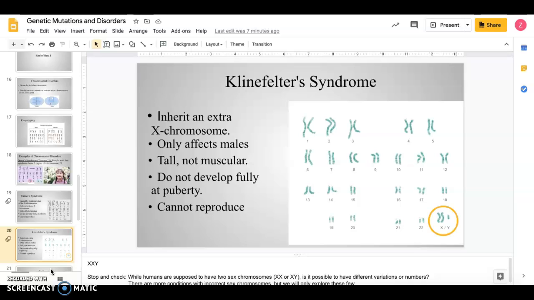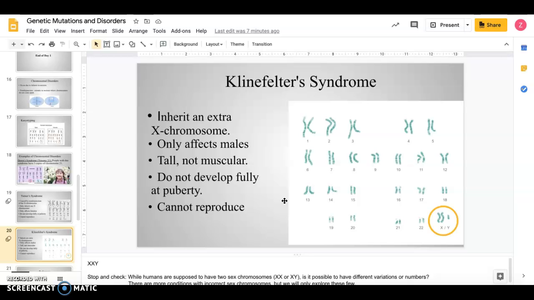Now, if we look at a chromosomal disorder that only affects males, we see Klinefelter's syndrome. The karyotype is shown. In this disorder, males, through non-disjunction, inherit an extra X chromosome. It only affects males.